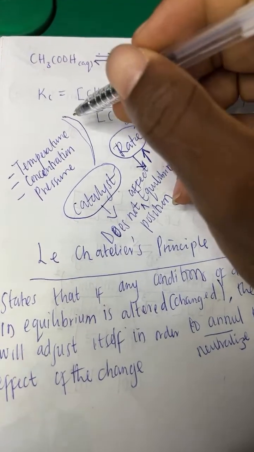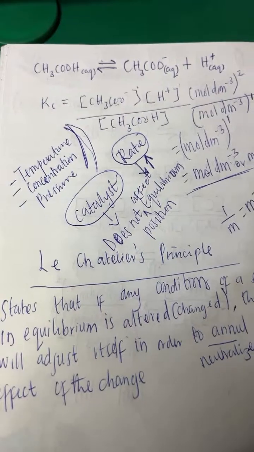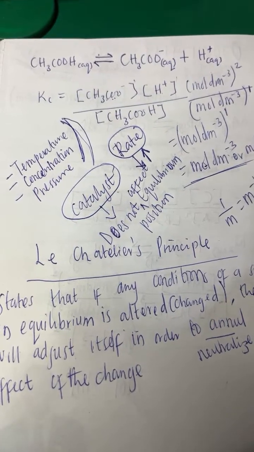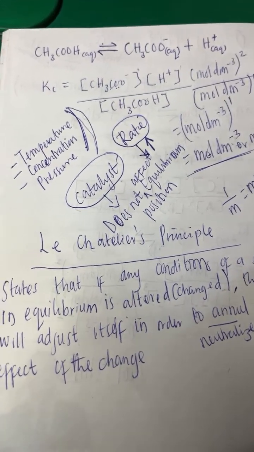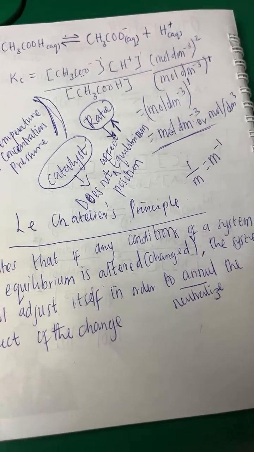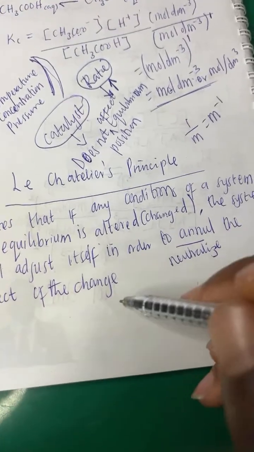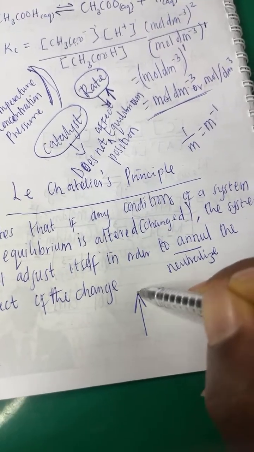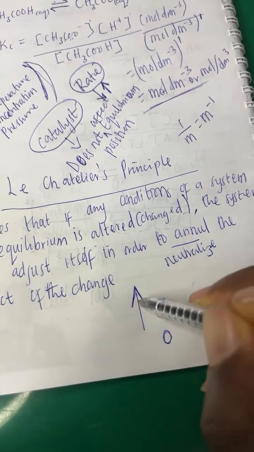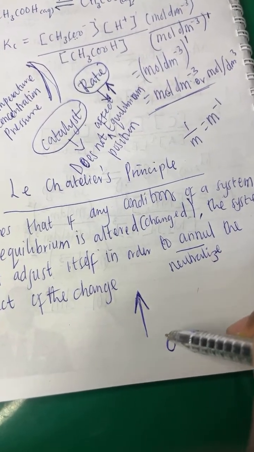So these three main factors are the ones that affect the equilibrium position of a reaction. And when they do, according to Le Chatelier, the system will adjust itself in order to annul, or neutralize, the change. Let me give you an example now. If the temperature increases, let's say the equilibrium position is at this side now, the equilibrium position will change.